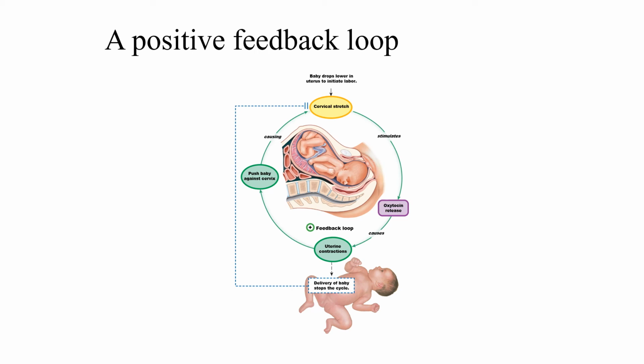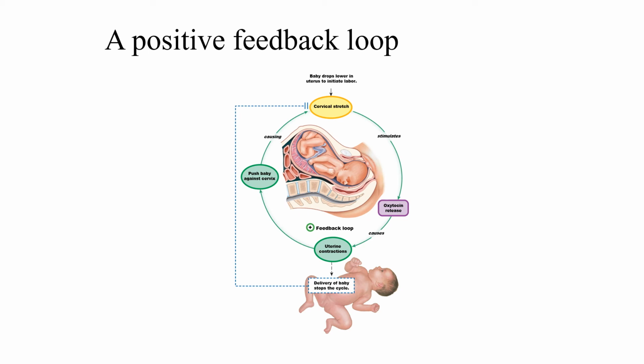Once oxytocin is released, it's going to start to increase your uterine contractions, and it's going to further stretch the cervix. So notice how we are not trying to stop the cervix from stretching. On the other hand, the positive feedback loop is actually trying to increase that change, and further stretch out the cervix.